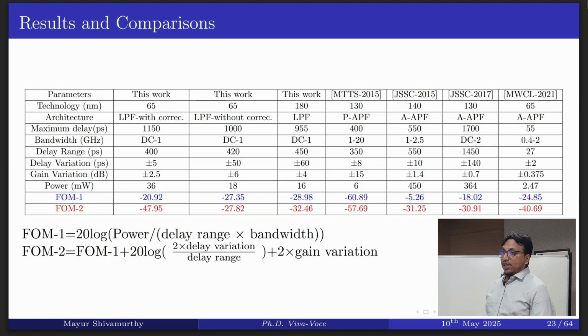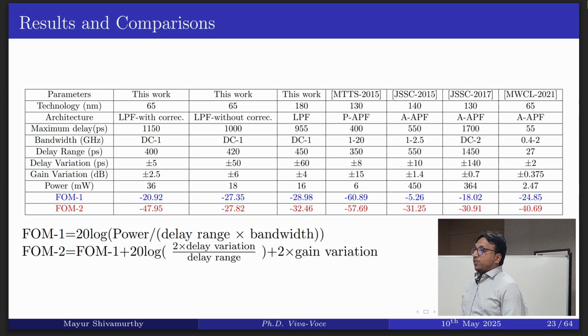The proposed TTD architecture was compared with the existing reported architectures, which are implemented with passive as well as active based all pass filters. Accounting for figure of merit 1, which accounts for the power dissipation, delay range and bandwidth, the proposed TTD with the delay correction has a figure of merit of minus 20.92.